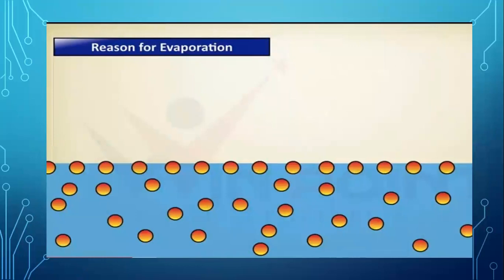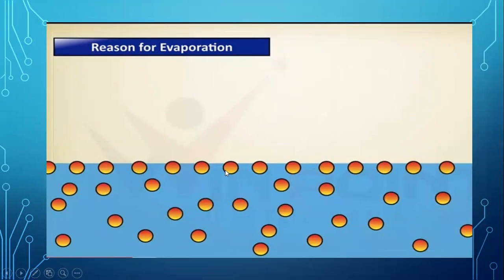What is the reason for evaporation? Actually, in a liquid, there are molecules of which some have very high energies and some have very low energy. These high energy molecules, which are usually at the surface or at the top of the liquid, absorb more heat either from the environment or from the other molecules.